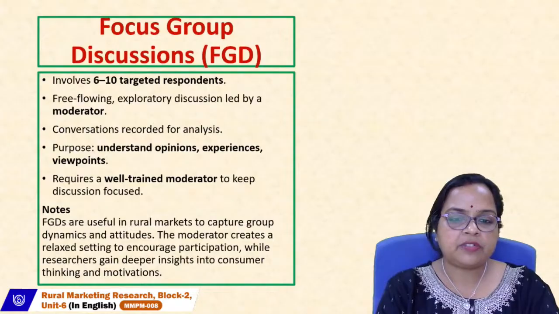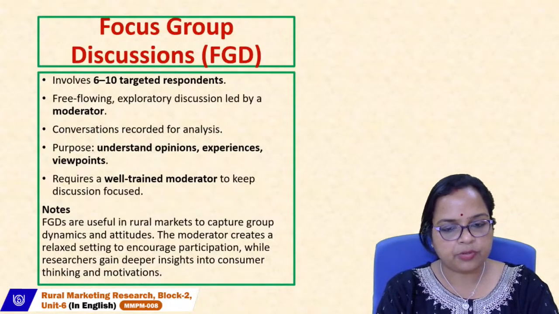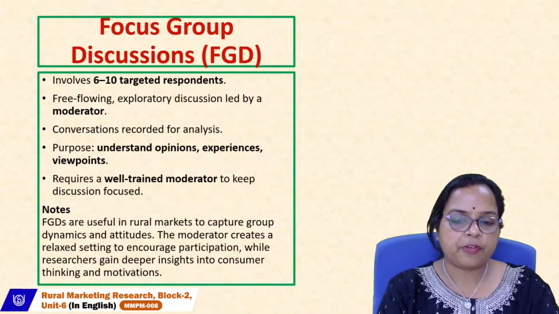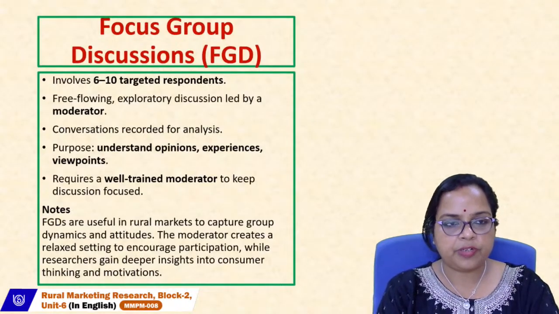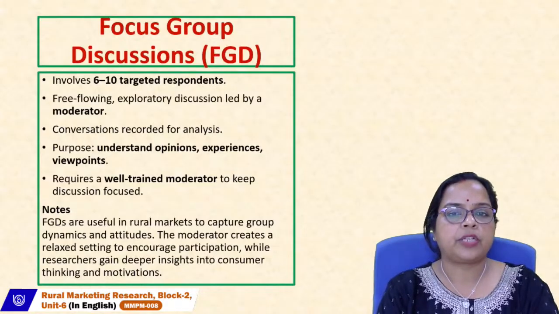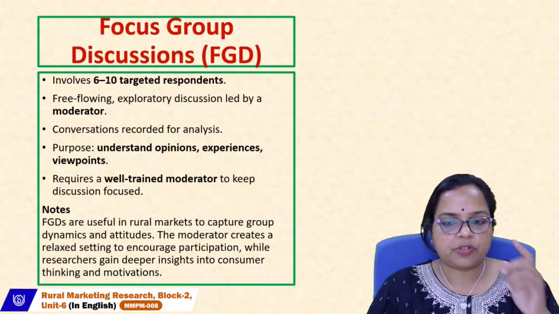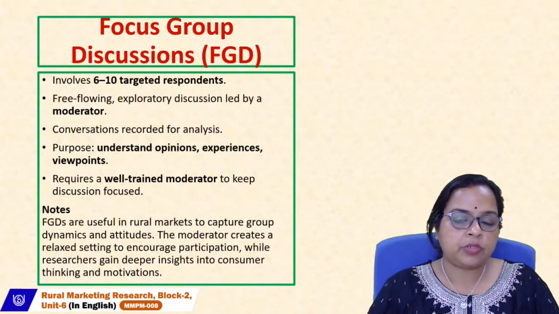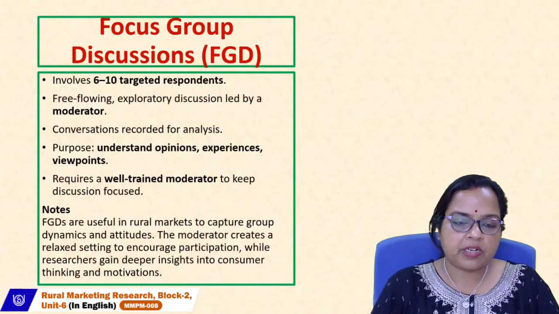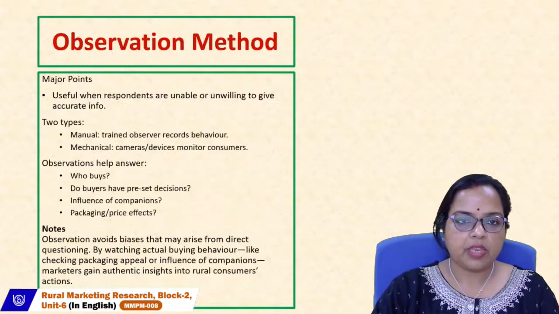It requires a well trained moderator to keep the discussion focused. This way, you are going to receive the feedback on your product, or you can receive the innovative things they are looking for or the exact requirement of the consumers, because there are no fixed questions for them. They will only discuss about the product in a free flow method.